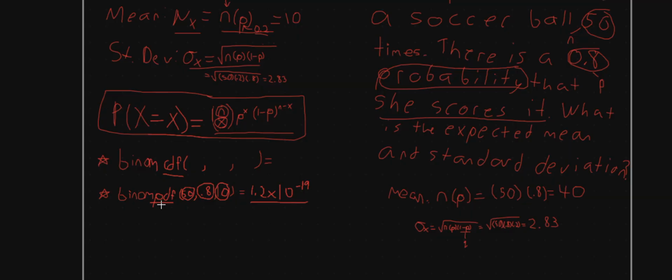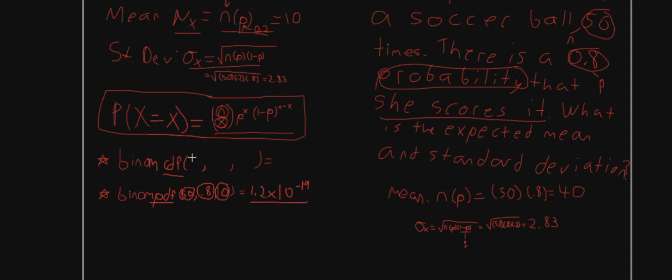PDF is pretty much that exact value, exactly on the 10th, while CDF is cumulative. It could be the 10th value, 9th value, 8th value, 7th value, and so on. So let's say College Board asks what's the probability she scores 10 or less, right?